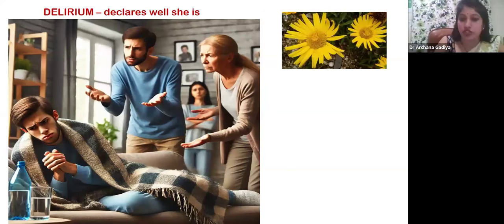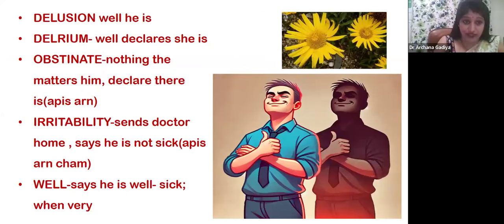So we have a lot of rubrics which are indicating this state of Arnika. Delusion, well, he is. Delirium, well, declares. She is obstinate. Nothing the matter with him, declares. Irritability, sends the doctor home and says he is not sick. Well, says he is when very sick.